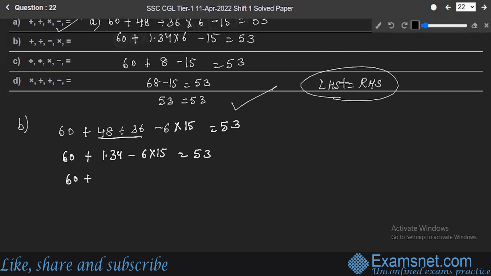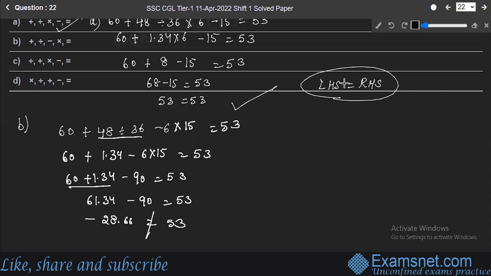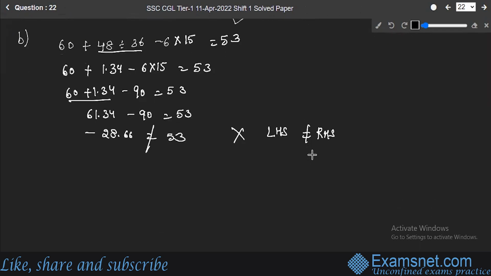This is 60 plus 1.34 minus 90 is equal to 53. Now we'll be adding them. You will have 61.34 minus 90 is equal to 53, which gives you minus 28.66 is equal to 53, which is not true. So this is false. LHS is not equal to RHS. Left hand side is not equal to right hand side. So this is incorrect. Let's move to the third, C part.